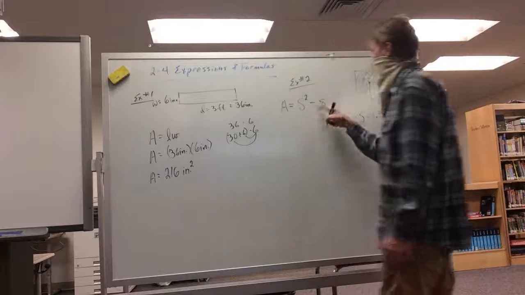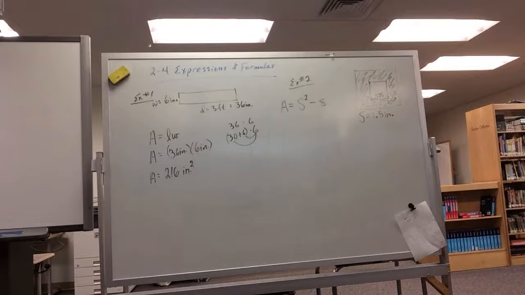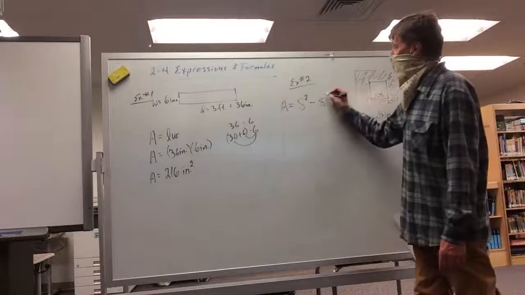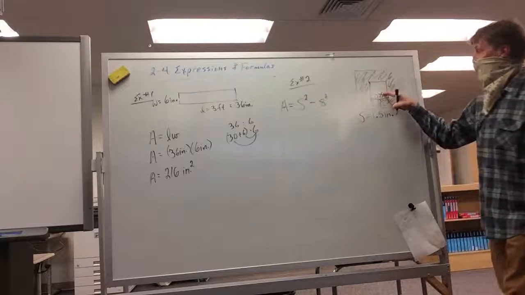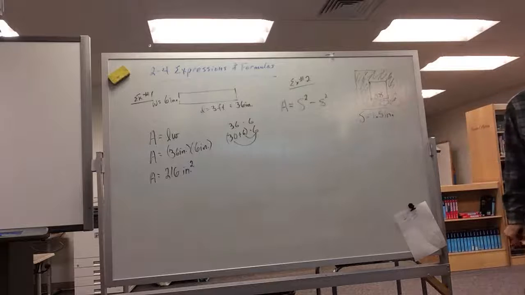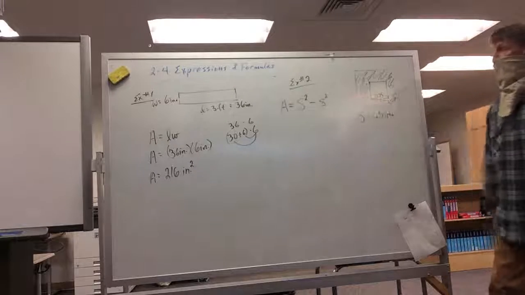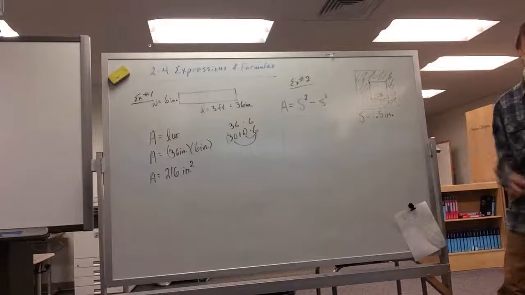I'm going to put a little mark through my little s so that you know that it's a lowercase s. And that's going to be to the second power. So that's this length here, 0.75. If this is the formula that we're using, all we have to do is substitute the values in.